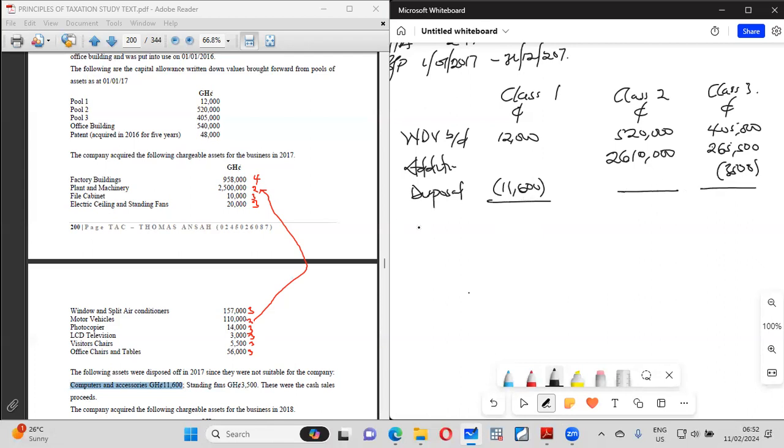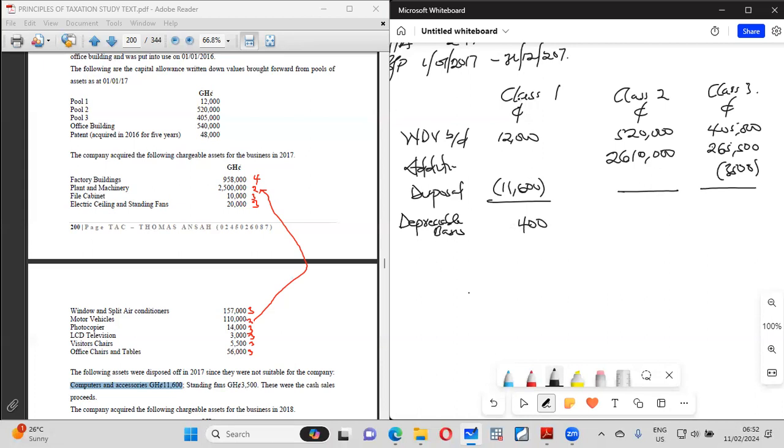So now let's find the depreciable basis. So this one is 400. Do you remember what we said, that when the amount is below 500, we grant it as a capital allowance?